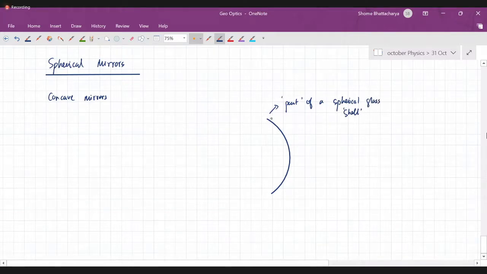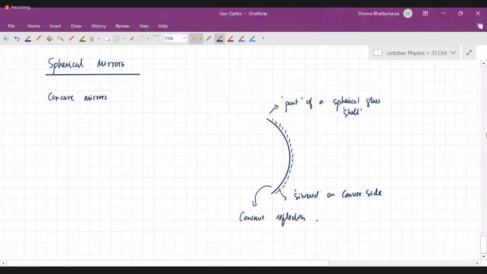And now what we do is we silver it from outside. So the inner part is reflecting. So it's silvered on the convex side. So the concave side becomes a reflecting surface. So this is a concave reflecting surface.